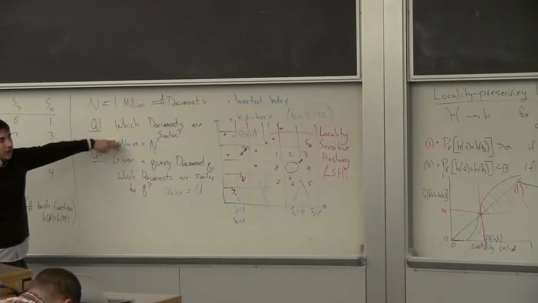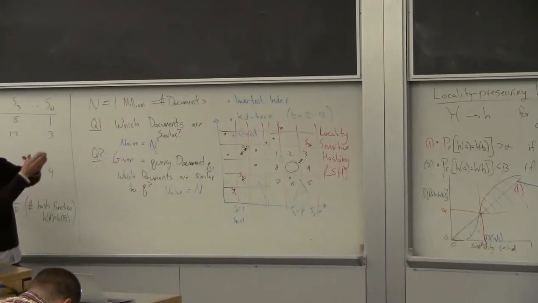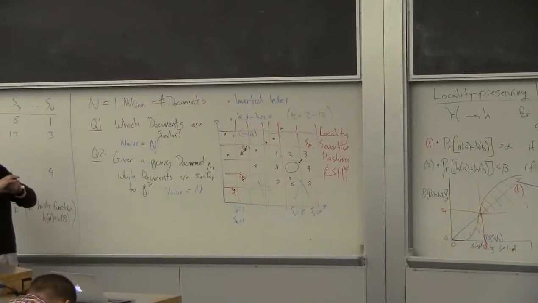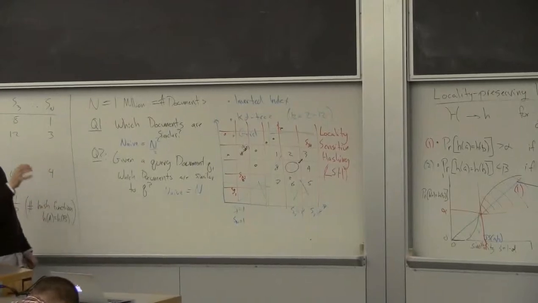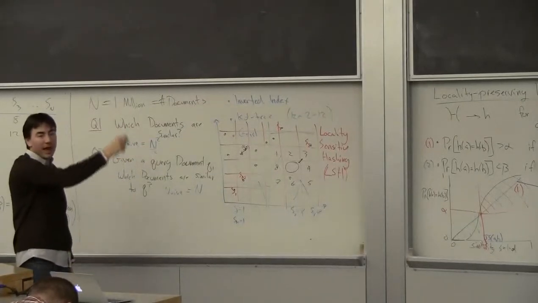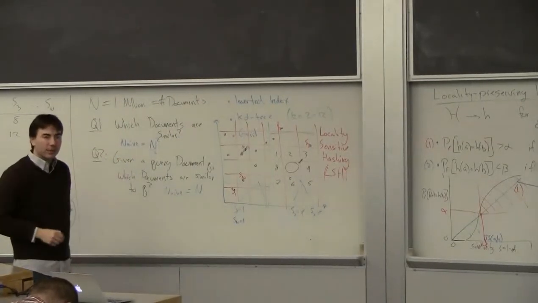So for each of the R rows, you're going to create a hash table. For each of the possible combinations of the B values, it's going to be a cell in the hash table.